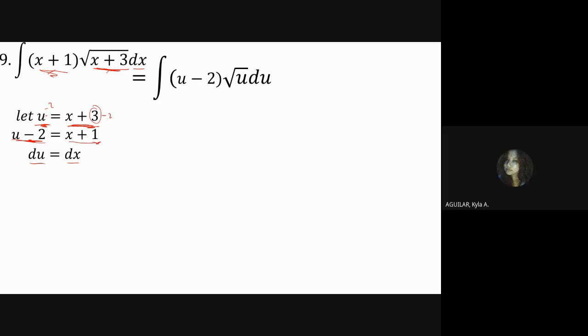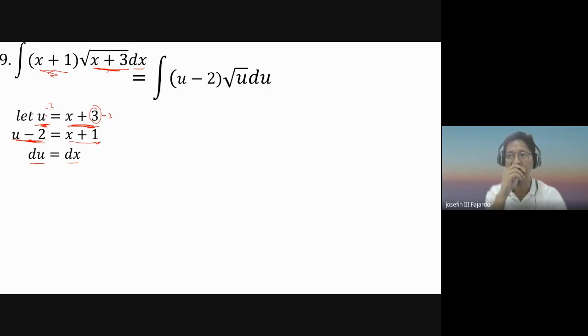Sir, may tanong po ako sa negative 2. Di ba po itatranspose yun sa kabila? Bakit po negative pa rin siya? Actually, yung transposition is a jargon na tinatawag natin. Nililipat lang yun, tapos nagpapalit ng sign. Pero what we are doing actually here is what we call the law of equality.